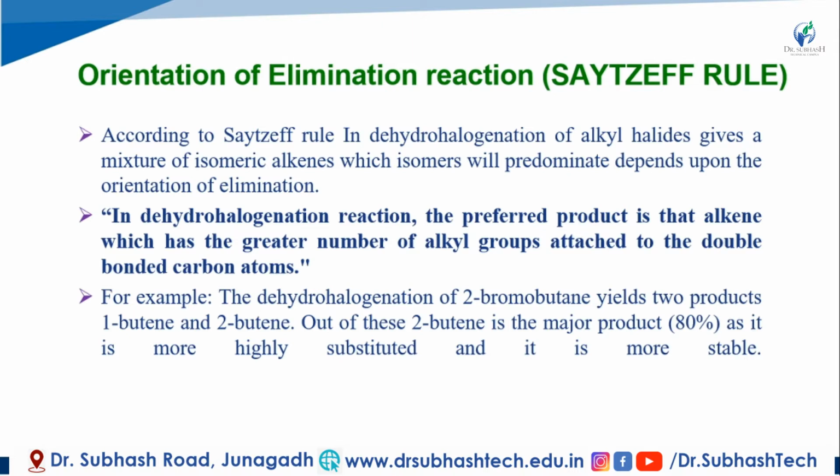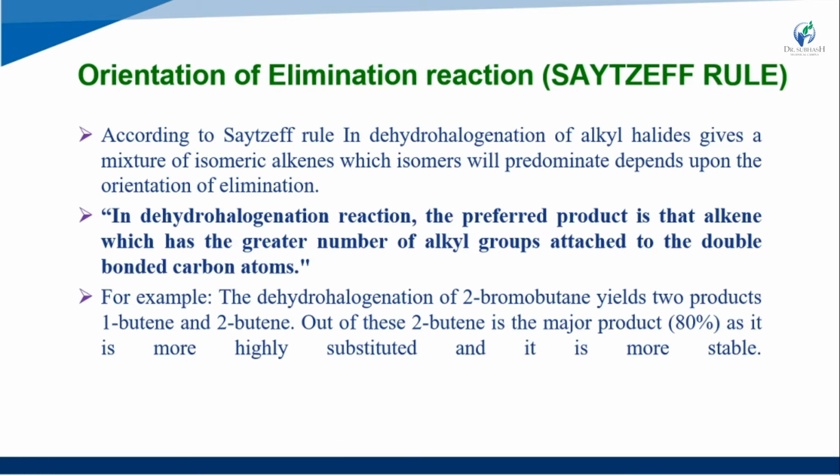For example, the dehydrohalogenation of 2-bromobutane yields two isomeric products, 1-butene and 2-butene. Of these, 2-butene is the major product, around 80%, as it is more highly substituted and more stable.